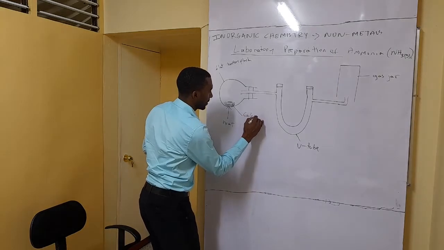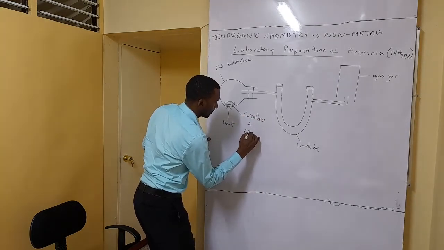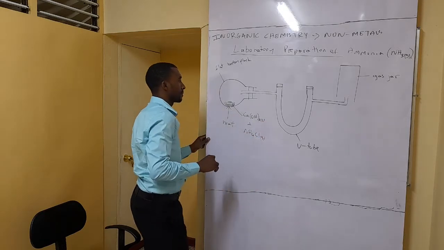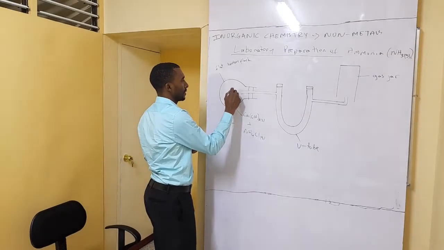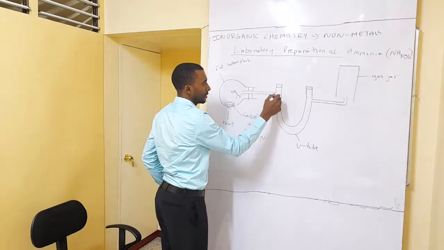Calcium hydroxide, right, and it's decomposed to produce ammonia gas, NH3 gas. Going here.